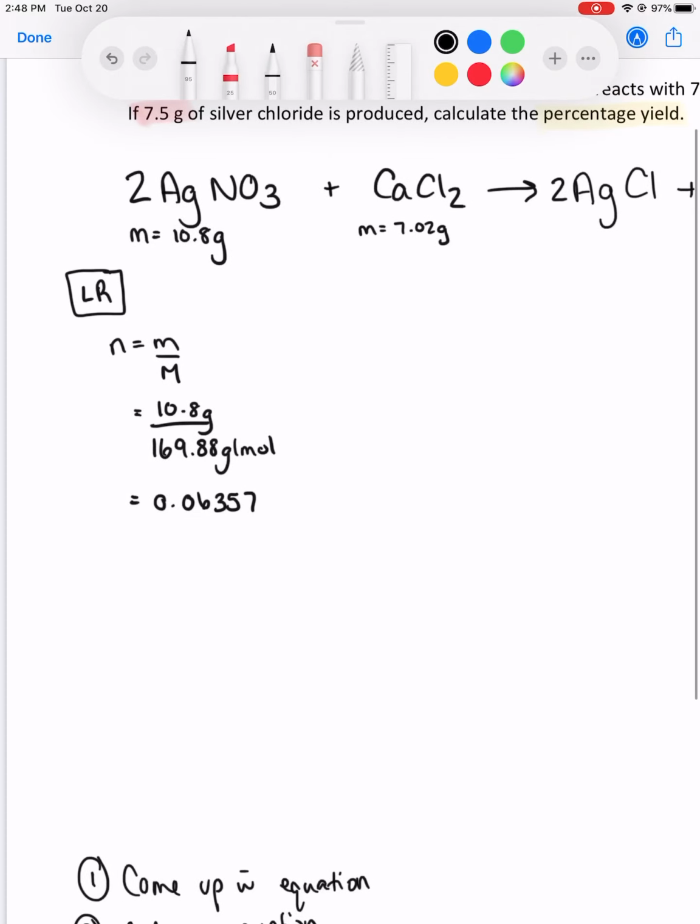So I'm going to divide this by the amount of moles this has, so it's going to be 2. Again, all stuff you know, it's all limiting reagent stuff. So I've got 0.031787 moles, okay? So I'm going to do that. Now I'm going to do it again for calcium chloride.